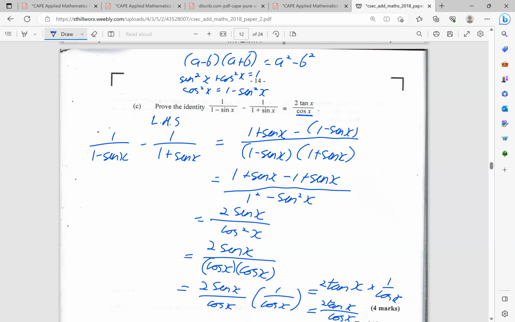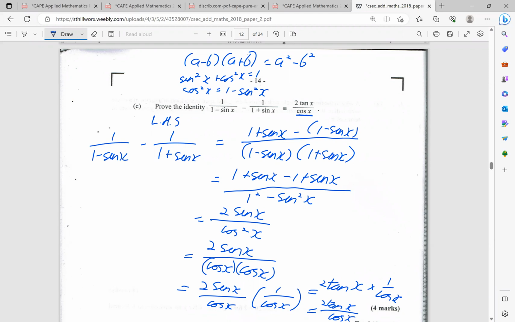So I'm going to split it up. So I'll get 2 sine x cos over cos x by 1 over cos x. Sine x over cos x is tan x. I wanted to get the tan x, by 1 over cos x. So I get 2 tan x over cos x.